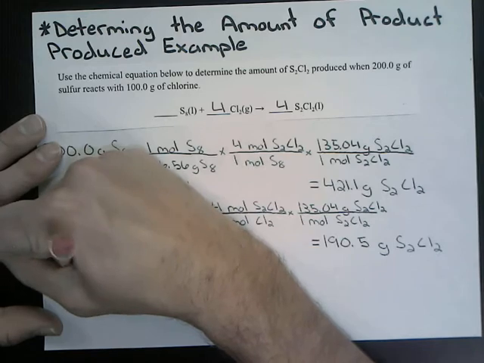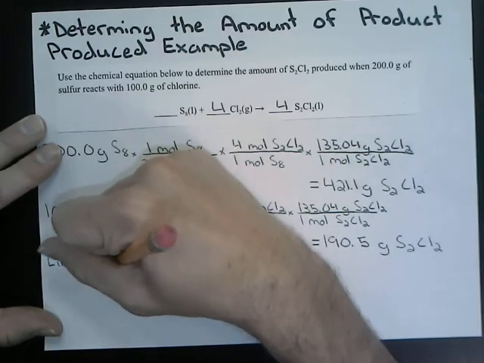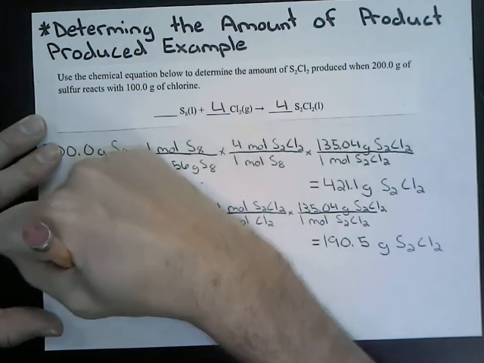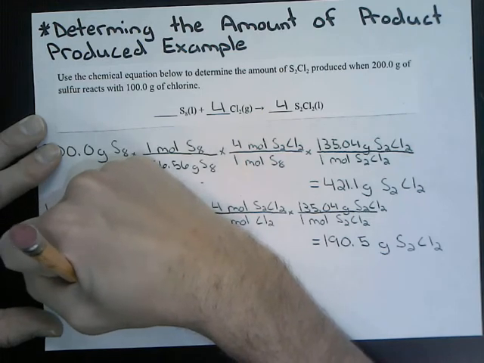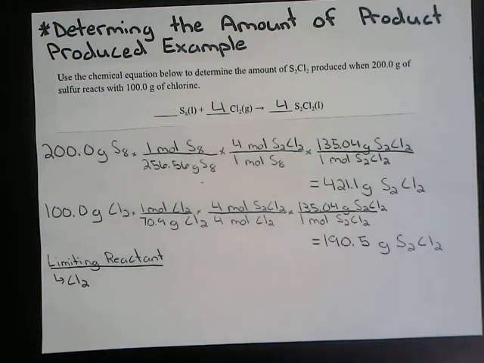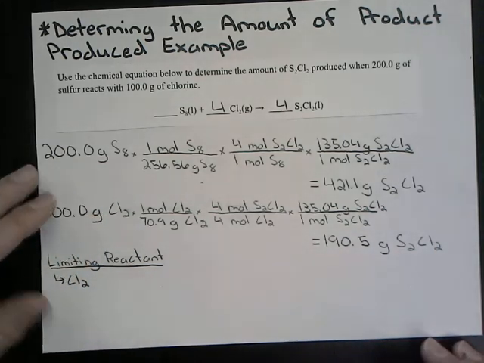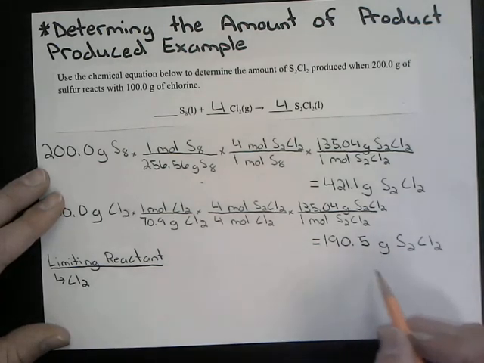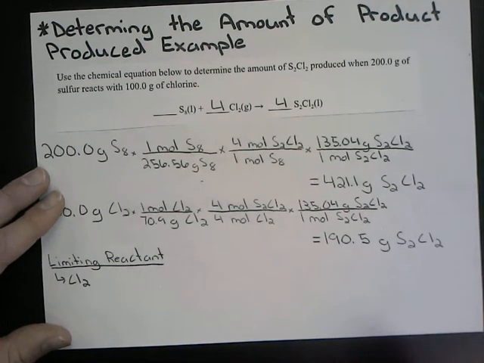So the limiting reactant is going to be our Cl2. Now, whatever substance is the limiting reactant, that value produced is the amount of product that can be produced. So in this case, the amount of S2Cl2 produced is 190.5.